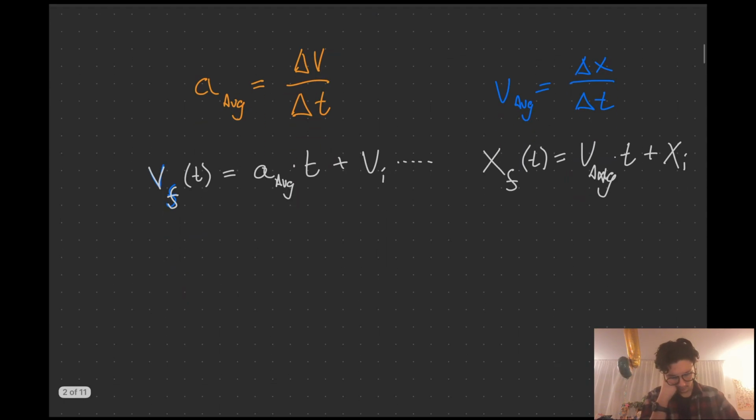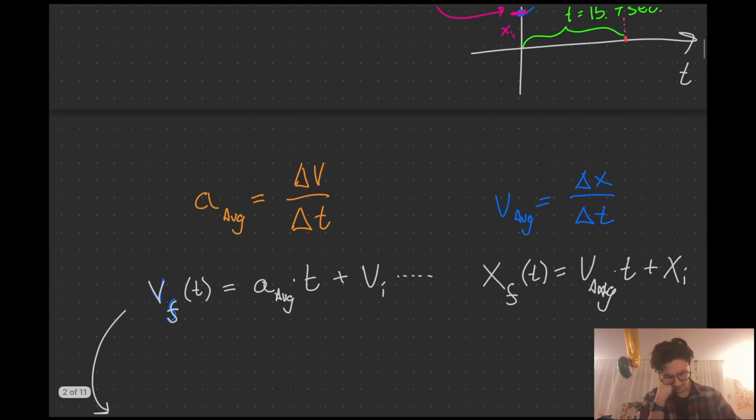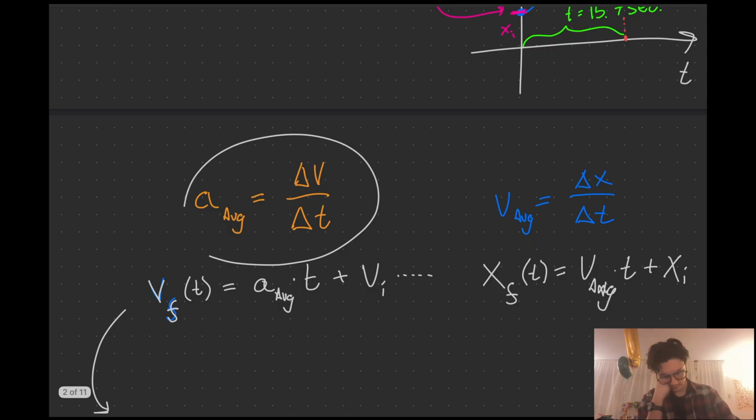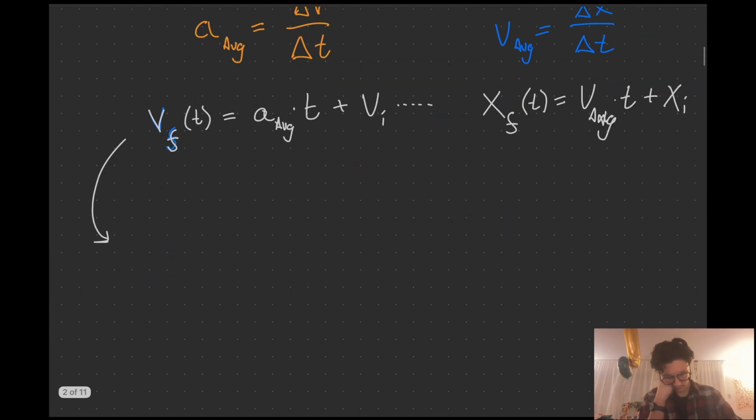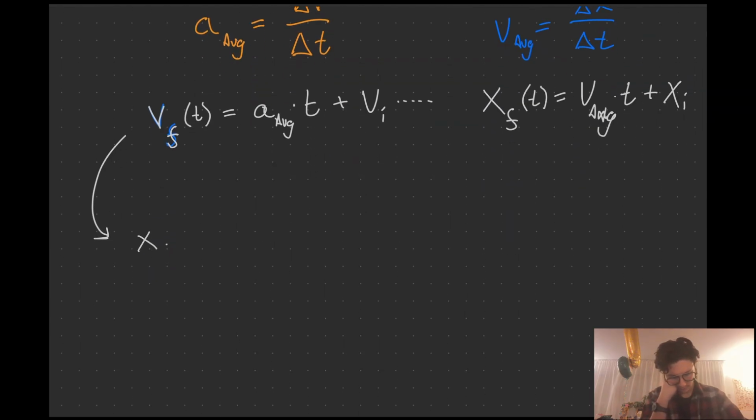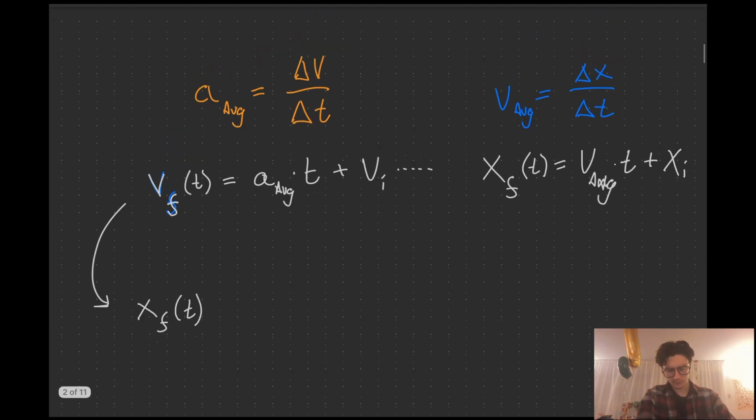In here, though, we can have another application of this equation, and that will look like this. Final position as a function of time for a particle under constant acceleration.